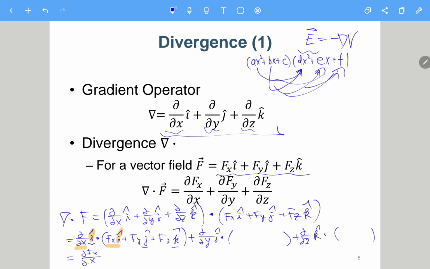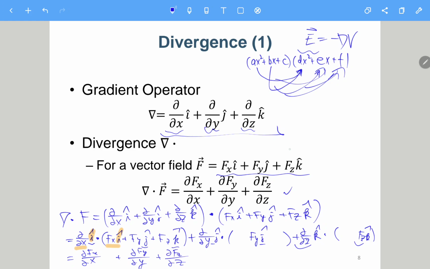Similarly, we have fy j hat here, and j hat dot j hat will be 1, so we will have partial fy partial y. Likewise, we have fz k hat, so we only have partial fz partial z. That's why it looks like this.